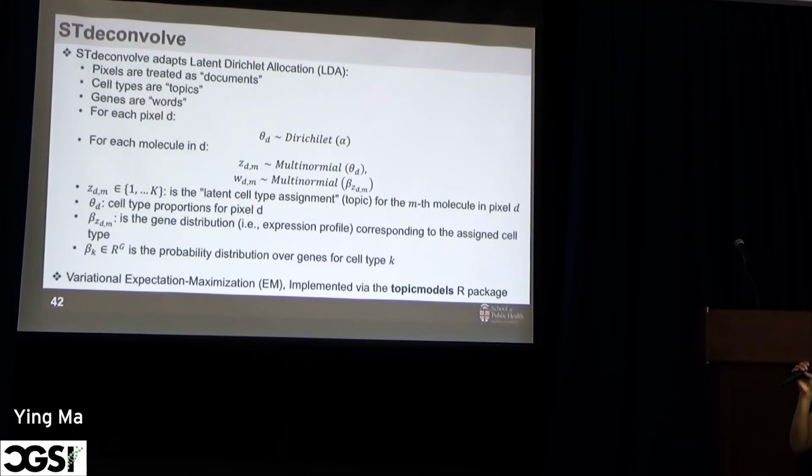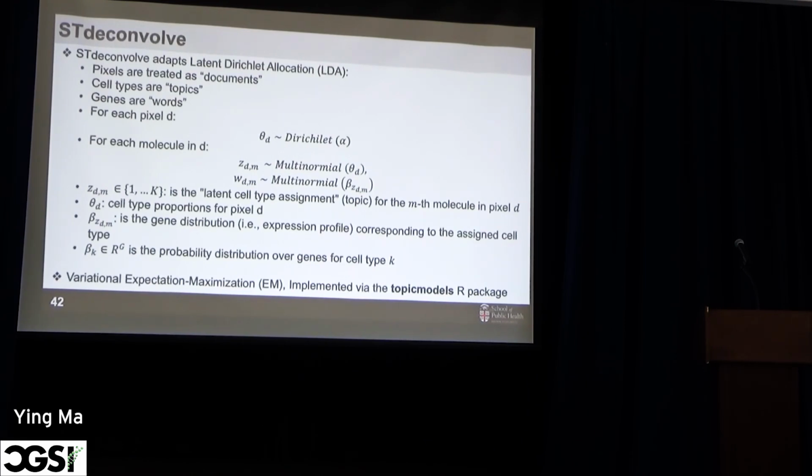They adapt latent Dirichlet allocation, a typical model that assumes each spatial location is treated as a document, the cell types are treated as topics, and the genes are treated as words. Then, given the documents representing your gene expression, you want to see what topics are contributing and the proportion of each topic that finally forms these documents.